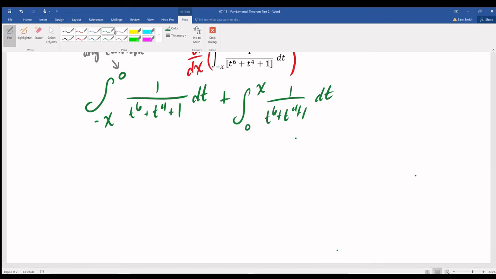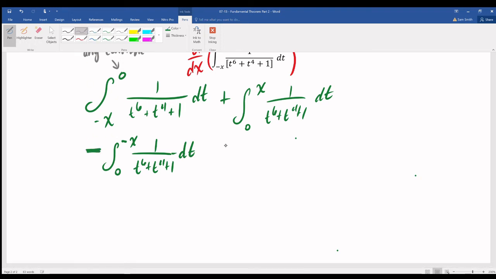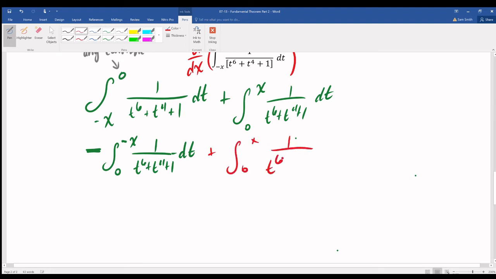So what I'm going to use now is this property which says that you can reverse the order of the limits of integration so long as you flip the sign of the entire output. So I'll put 0 as the bottom limit at the cost of putting a negative sign as the output of that entire integral.